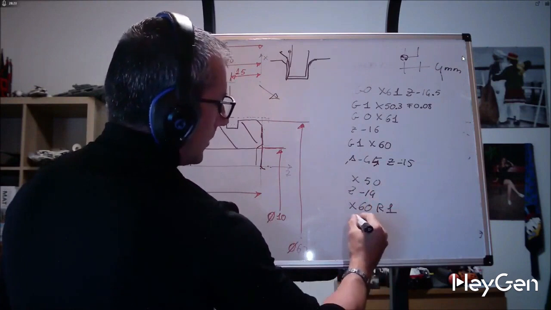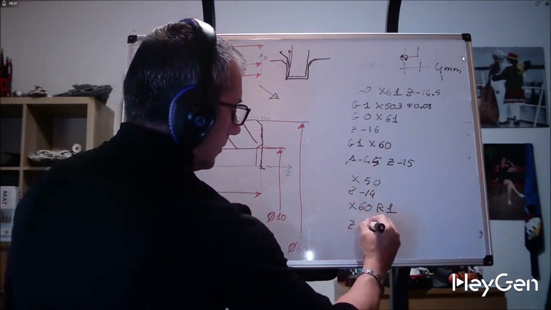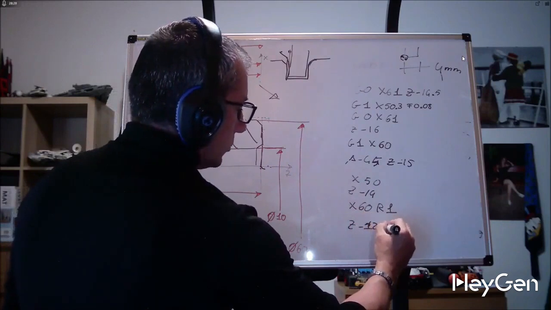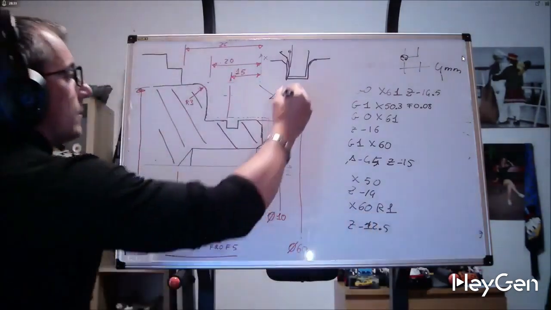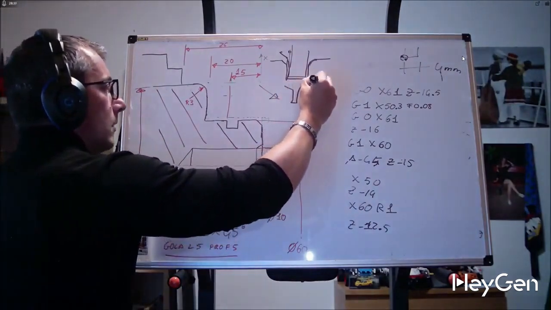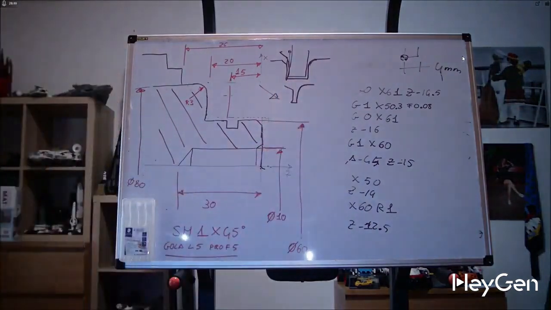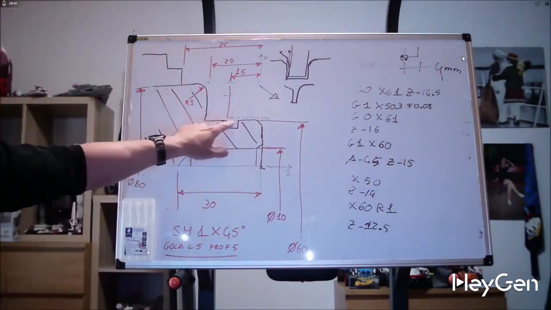We should tell him at least 12.5 to allow him to round off, and we would have made this small discussion. Okay? Obviously, if we don't do more, the zeros will leave small lines here.